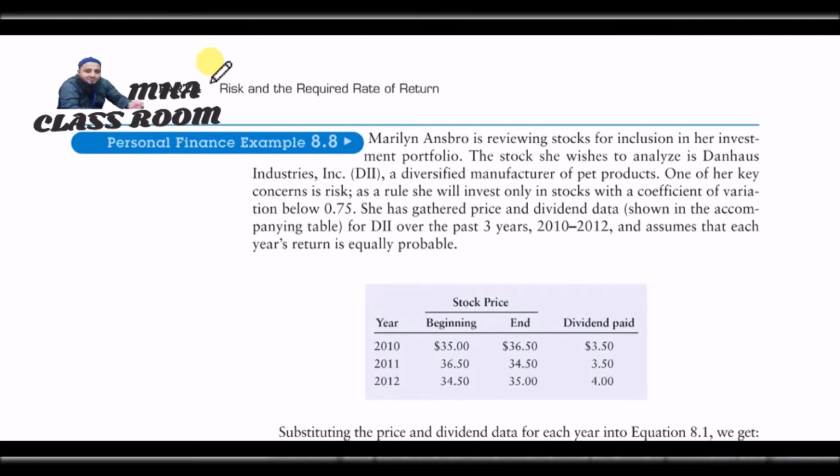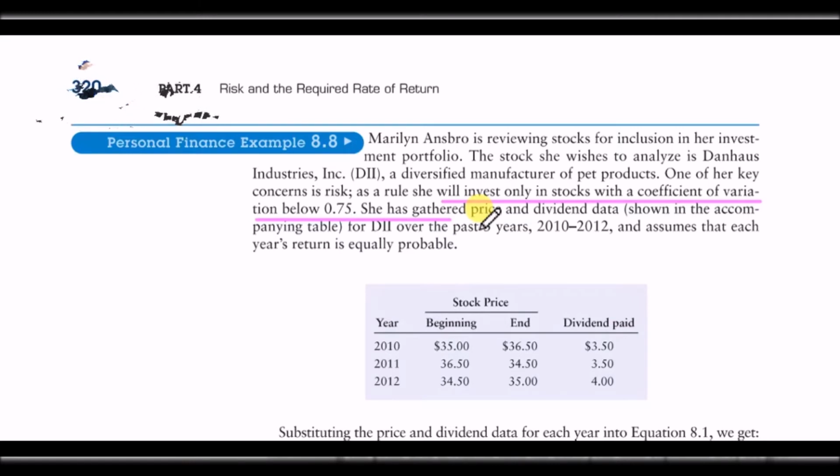Remember this: she will invest only if the coefficient of variation is below 0.75. Then she will invest in this project. Otherwise, she rejects Danhaus Industries stocks.